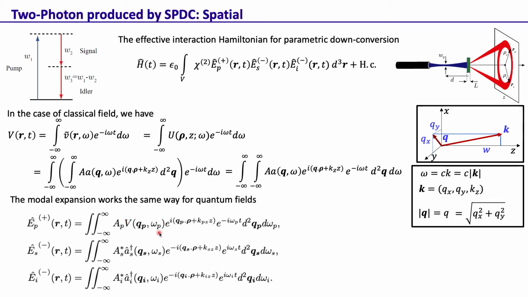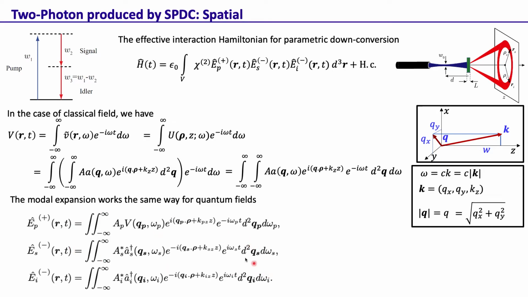We just take it as a classical field with this classical field amplitude, but the signal and idler fields we will treat quantum mechanically, and there we just replace this classical amplitude by these quantum electric field operators, and this we had discussed earlier. So, the only thing I wanted to point out here is that the modal expansion works exactly the same way for classical as well as for quantum fields.